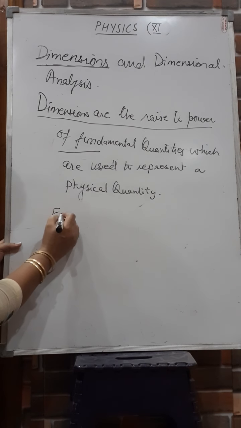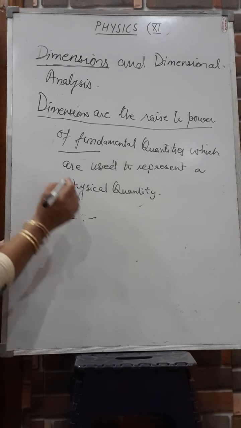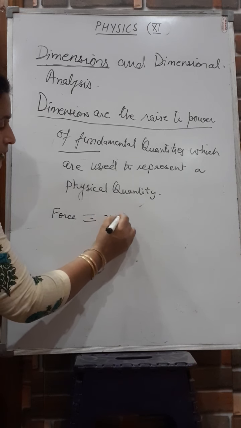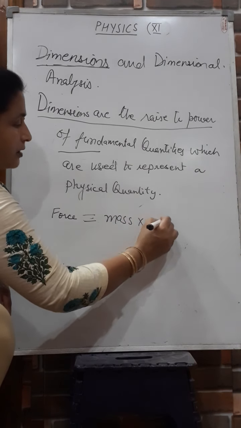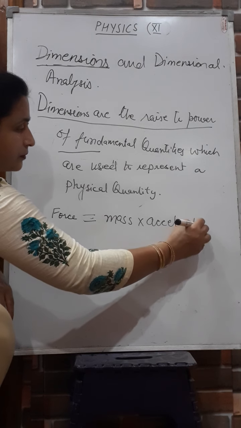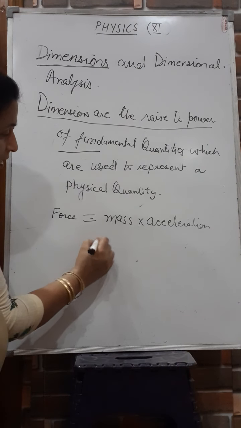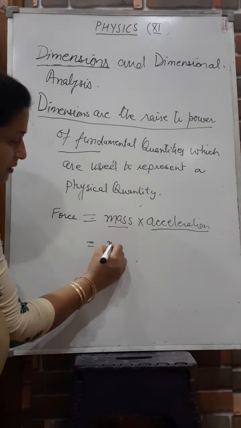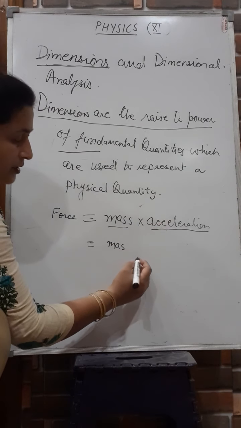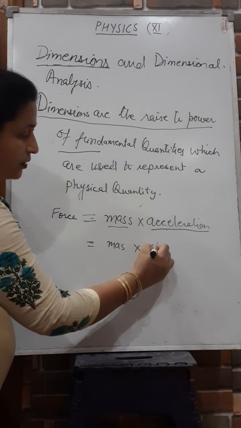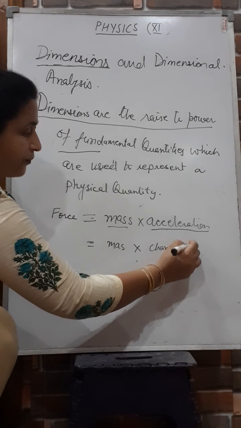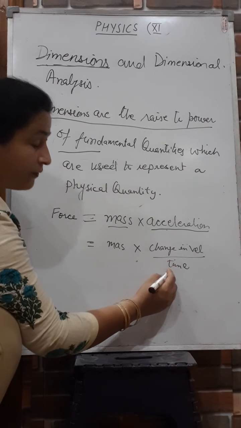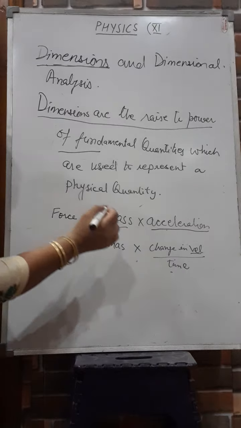Force. As you all know, you have already studied in class 9, force is mass into acceleration. Mass is a fundamental quantity, acceleration is a derived quantity. Acceleration is the rate of change of velocity. So it is change in velocity divided by time. Time is a fundamental quantity, but velocity is a derived quantity.